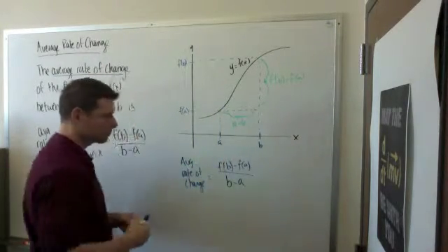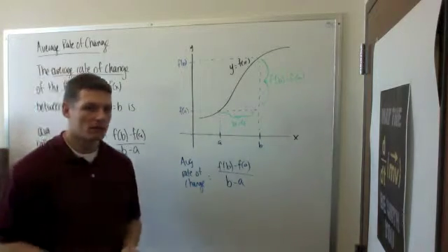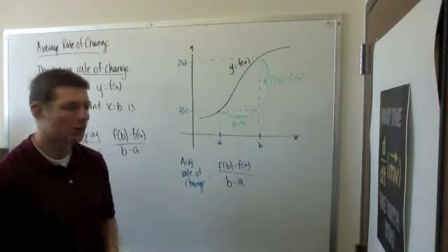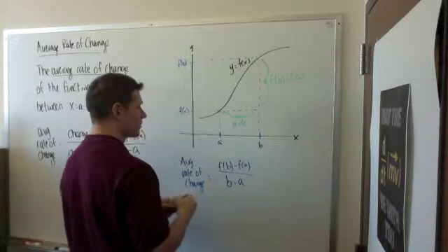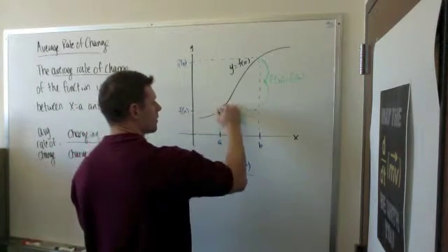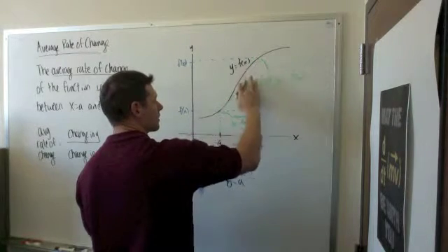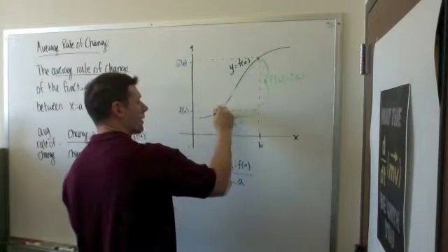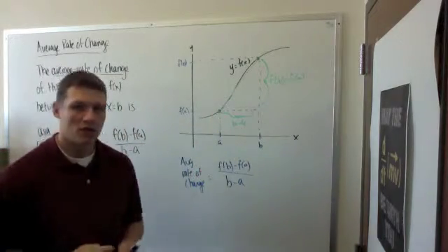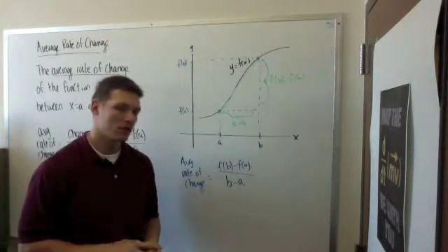But you'll note that this is very similar to algebra, where if we wanted to find the slope of the line between 2 points, this point and that point, wouldn't we just take the change in y divided by the change in x?